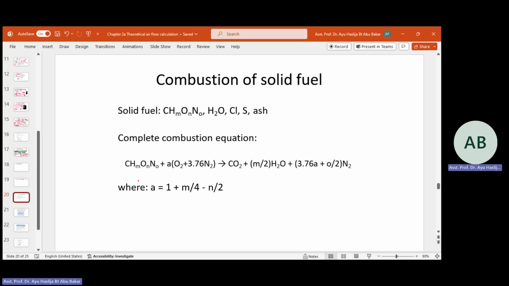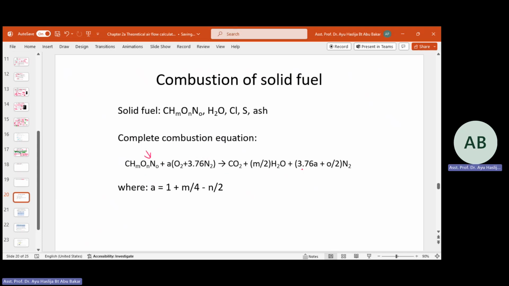Okay, I proceed a bit more. Previously, the fuel that we used was only gas. Now if you have solid fuel, basically it is just similar. It's just that in fuel sometimes you have the N. The N here will contribute to the combustion, not like the N2 here.